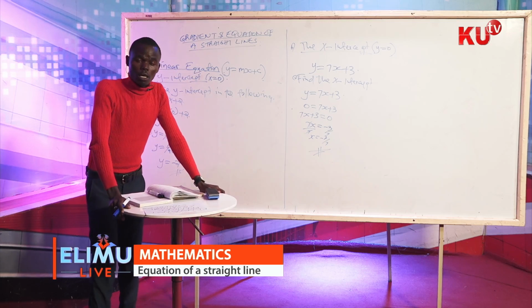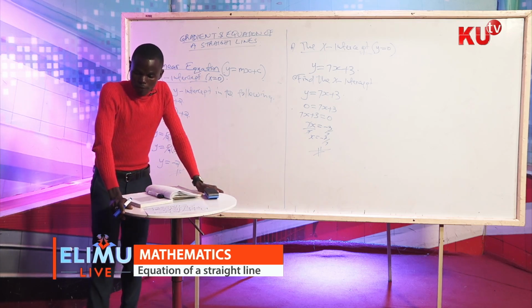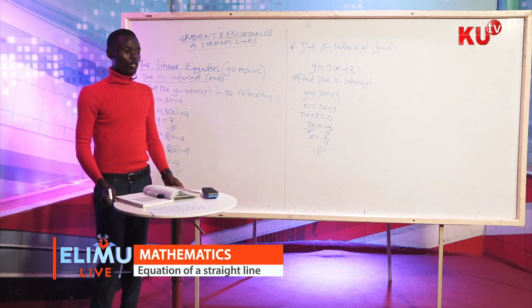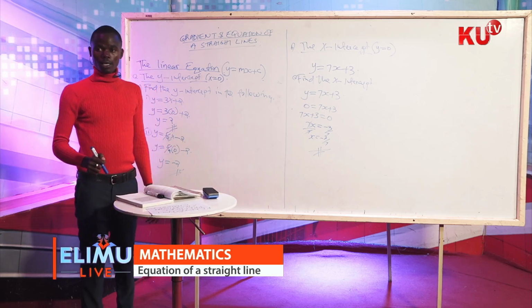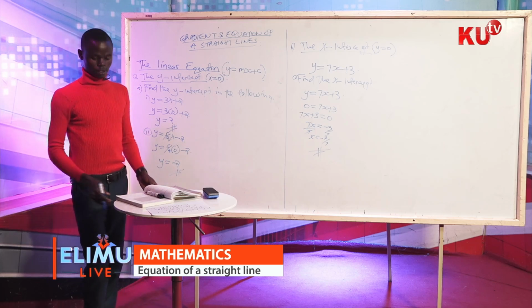One, when you have 2 points, that is point A and B, you can find the gradient of a line. Two, you can also find the gradient of a line given one point and a gradient.